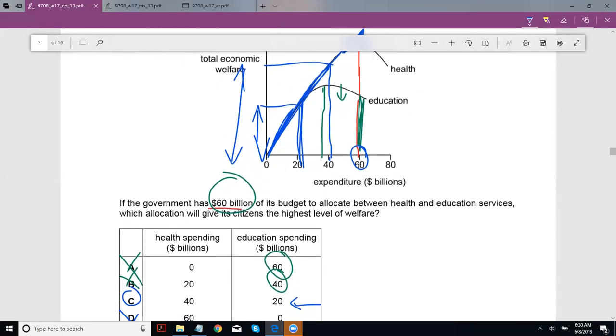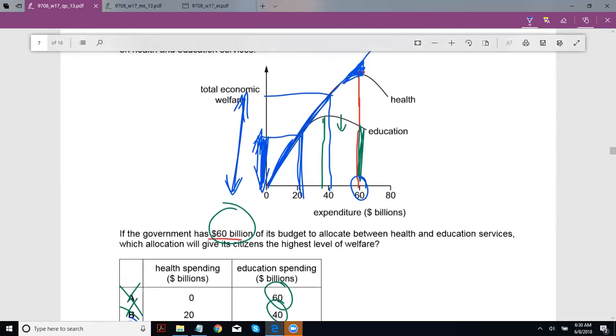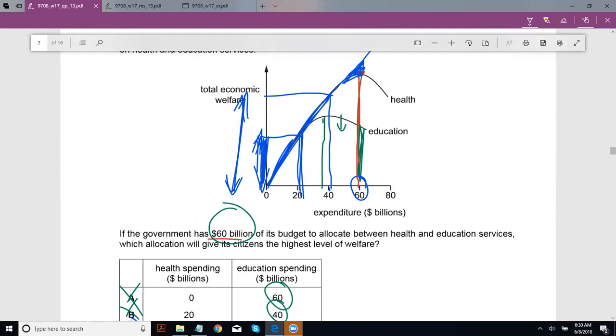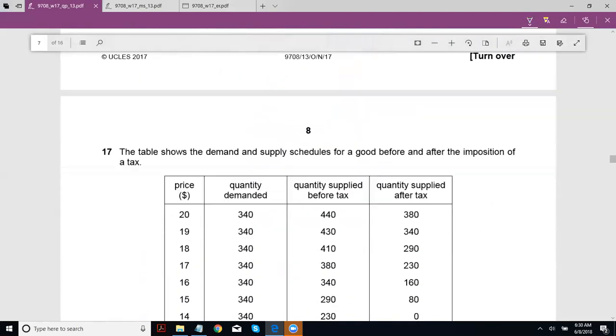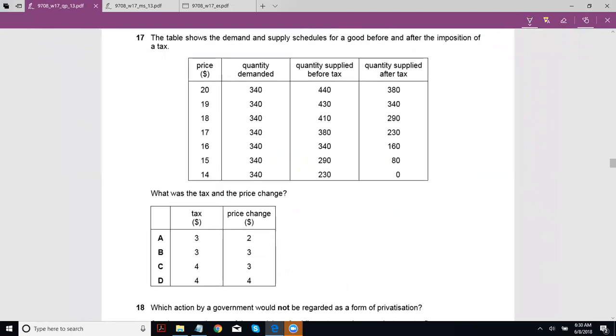If that didn't really make sense, just look at it from the other way: you get this much for healthcare, you get this much for education, and you add the two. You can just graphically see that it's going to be more than what you could alone gather from spending 60 on just healthcare that I'm drawing in brown. So you can go by either one of the two explanations.